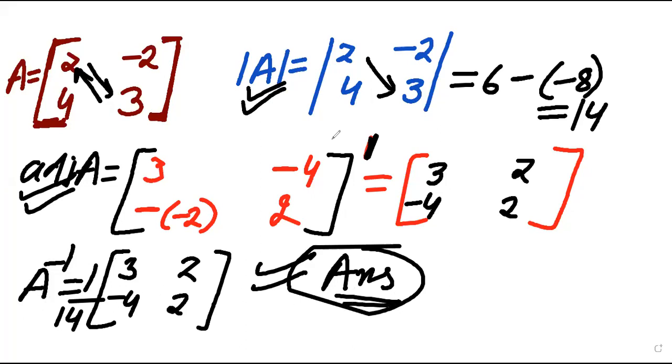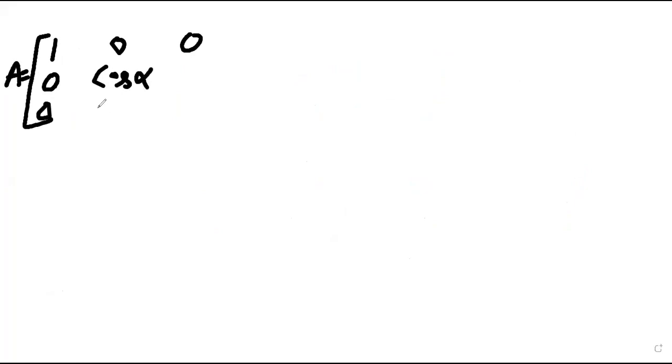Okay, let's see the 3 cross 3, and for 3 cross 3 I am taking a trigonometry question. Okay, ताकि आपको सबको clear हो जाए. We have a question that is A, here 1 0 0 0 0, here it is cos alpha, here sin alpha, this point is here sin alpha, and here it is minus cos alpha.